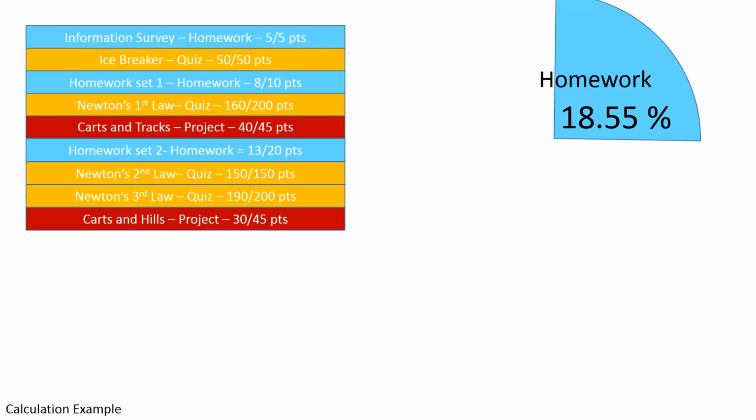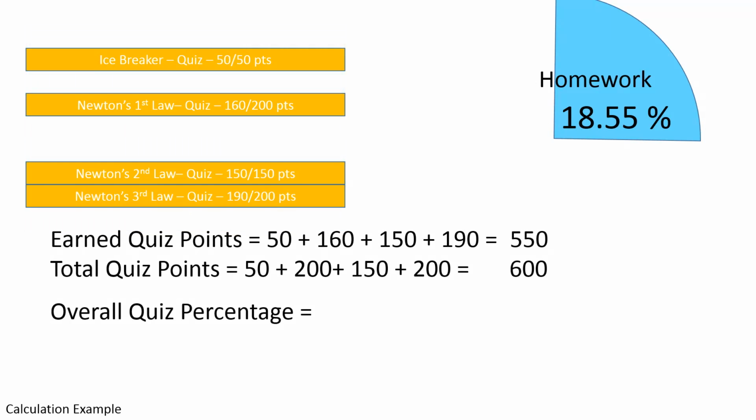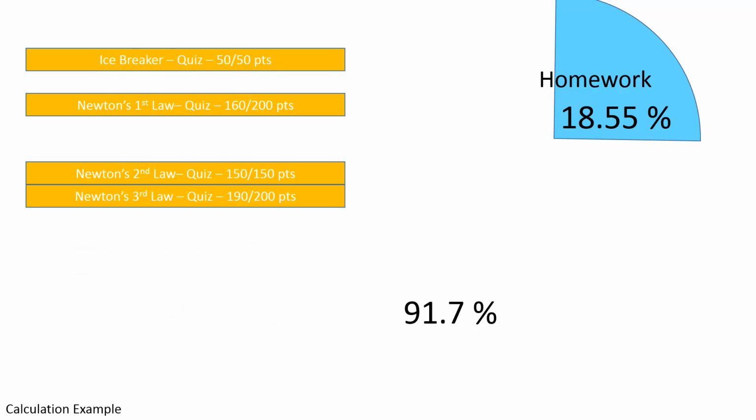Now we'll repeat that process with the quizzes. This student has earned 550 quiz points, and the total amount of quiz points available was 600. So this student's quiz percentage is again the ratio of those two, which in this particular case accounts for 91.7%. Now we have to do the exact same process as we did for the homework.